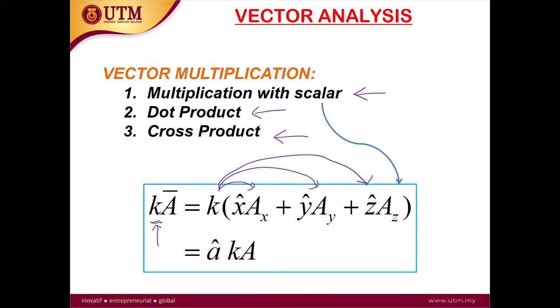Or we can simplify it into this form, where A is the total magnitude of Ax, Ay, Az, and a here is the unit vector, which is a combination of unit vector x, unit vector y, and unit vector z.